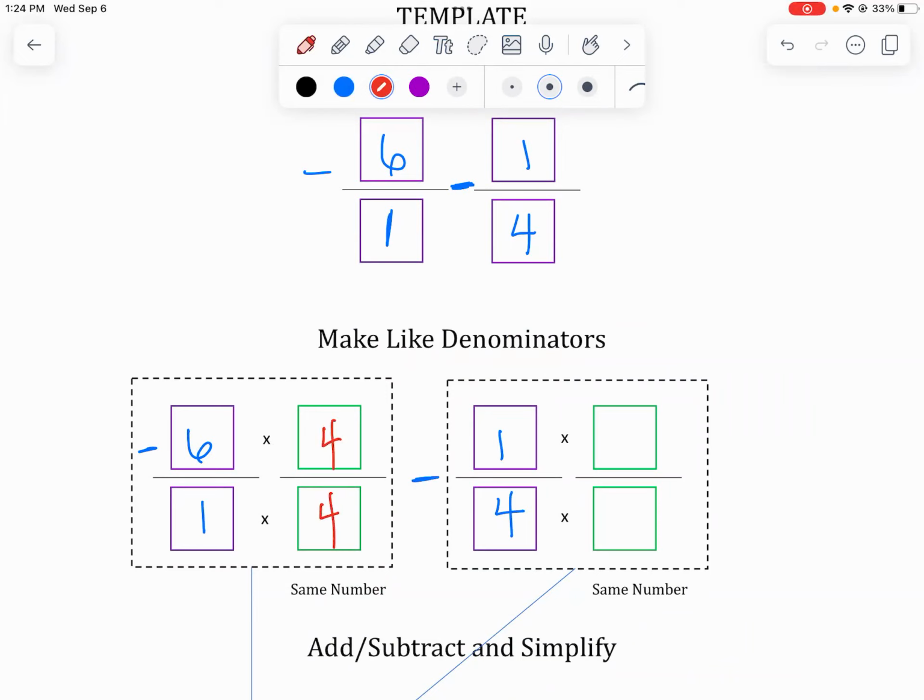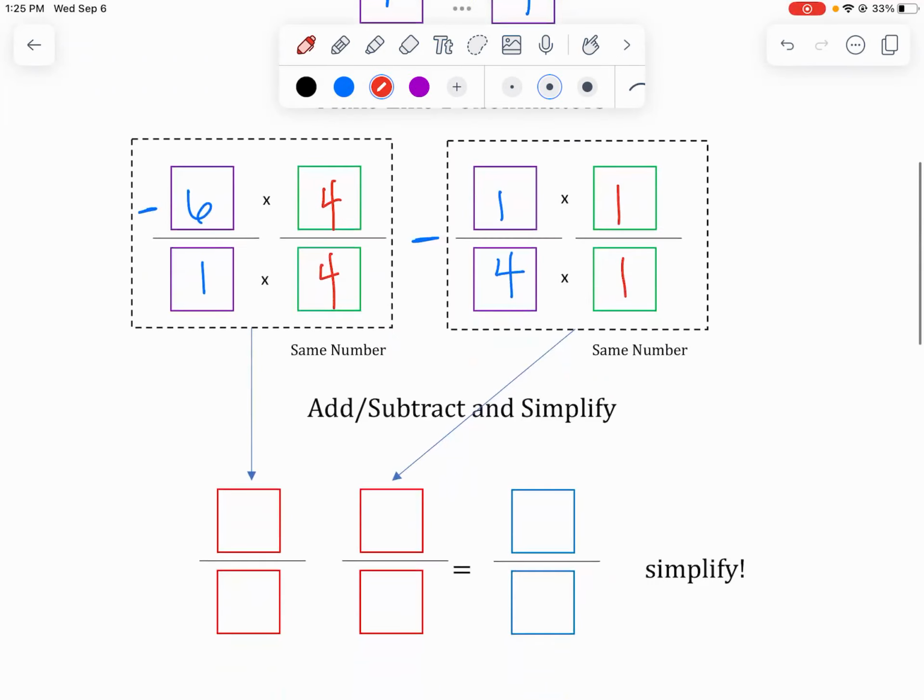So now our denominator here is 1 times 4, which is 4. So what do I need to multiply this fraction by? How about 1? Okay. So we have negative 24/4 minus 1/4.